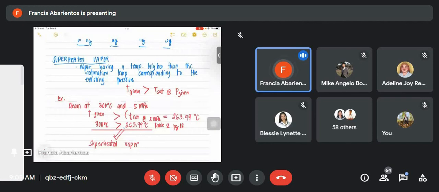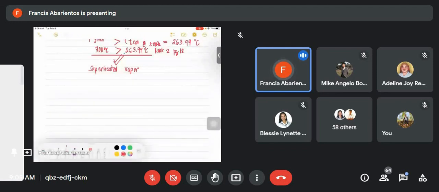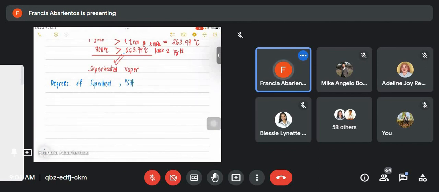Okay. So, that is now the superheated vapor. So, punta na tayo dito sa another terminology. Okay, class. May tinatawag tayo, class, na degrees of superheat. Ganito siya yung symbol natin.